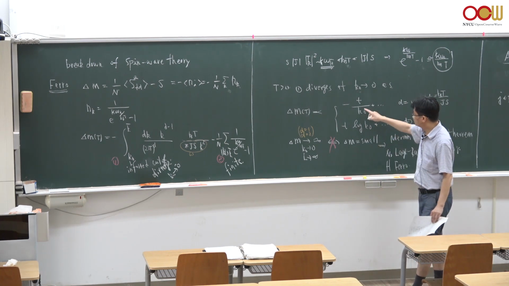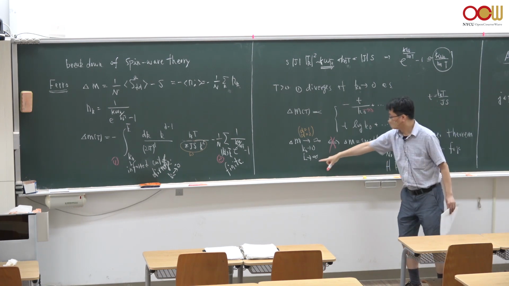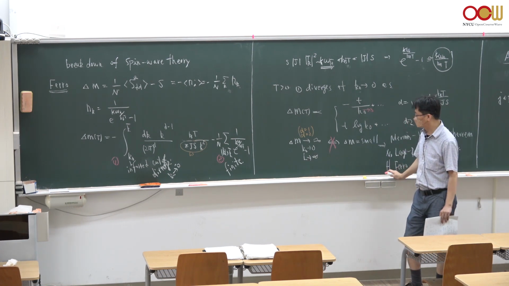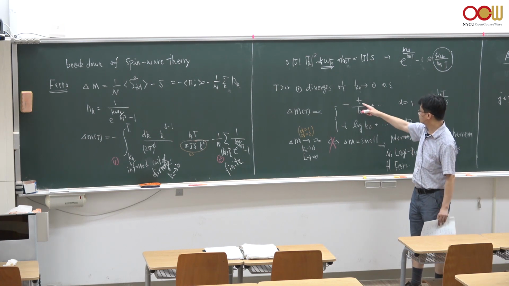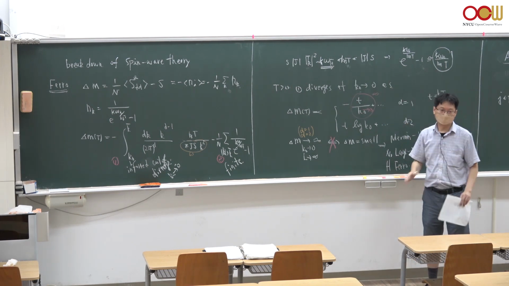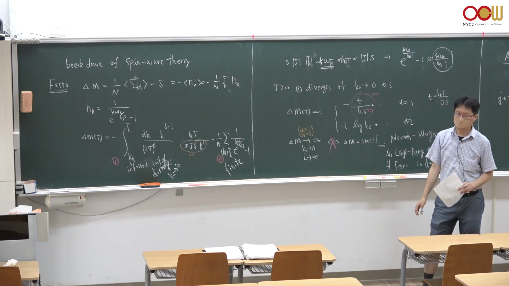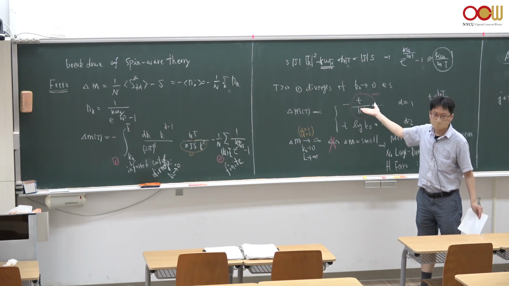Therefore, when k0 approaches 0 in the thermodynamic limit, where your system size becomes infinity, then this t over k0 is actually infinity. The whole thing becomes infinity, and therefore the net magnetization change for the one-dimensional Heisenberg ferromagnet is actually infinity.